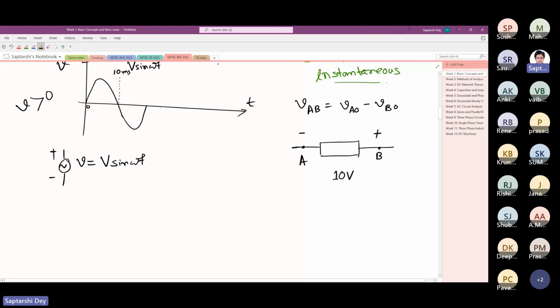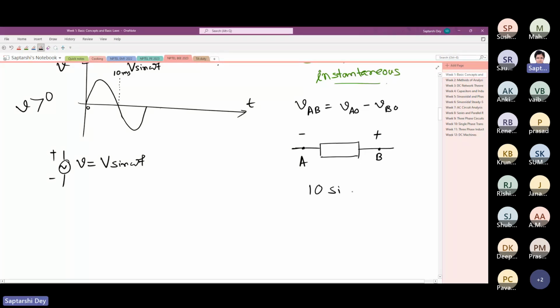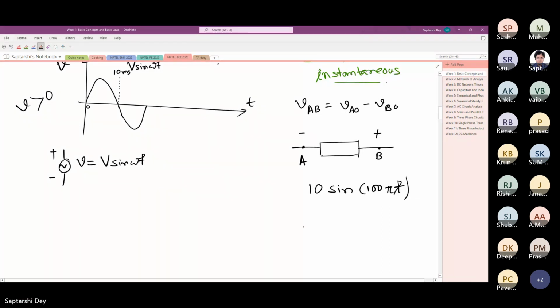Similarly, if I write that the voltage here is 10 sine 100 pi t, then also it matters whether I write plus or minus, because to you it may look like it is changing very fast, 50 times a second.